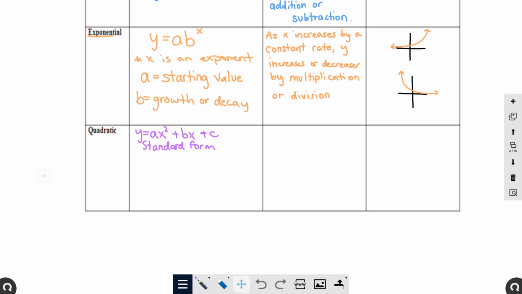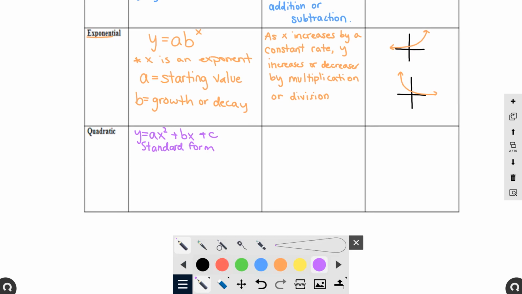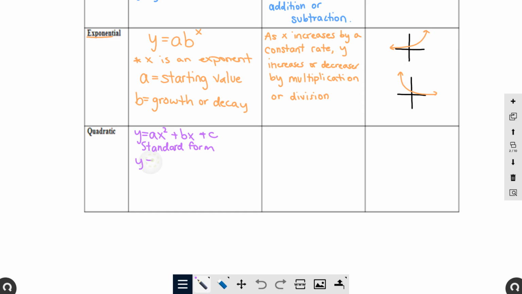We also had some other forms, didn't we? Does anybody remember the other one? Think about that parabola selfie that we did. Vertex form. Good. Does anybody remember what that is? It's got a parenthesis in it. a(x minus h) squared plus k. Almost had it.